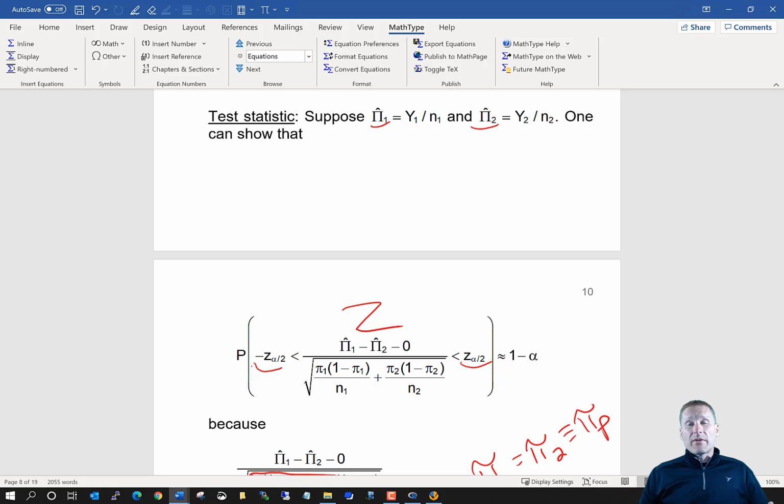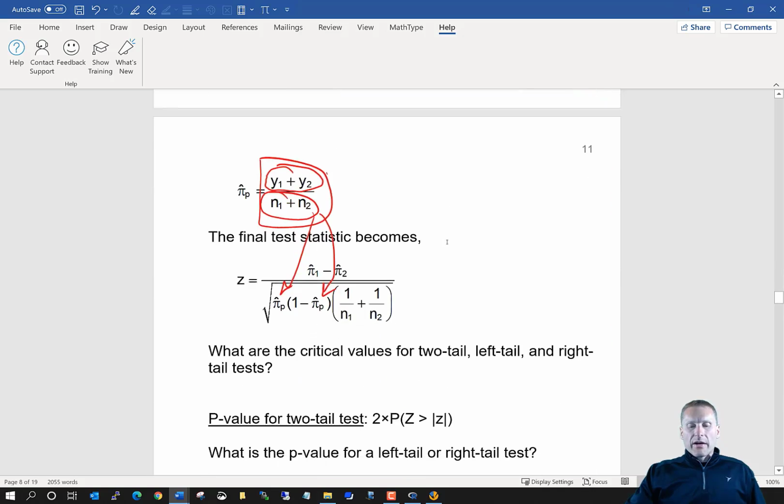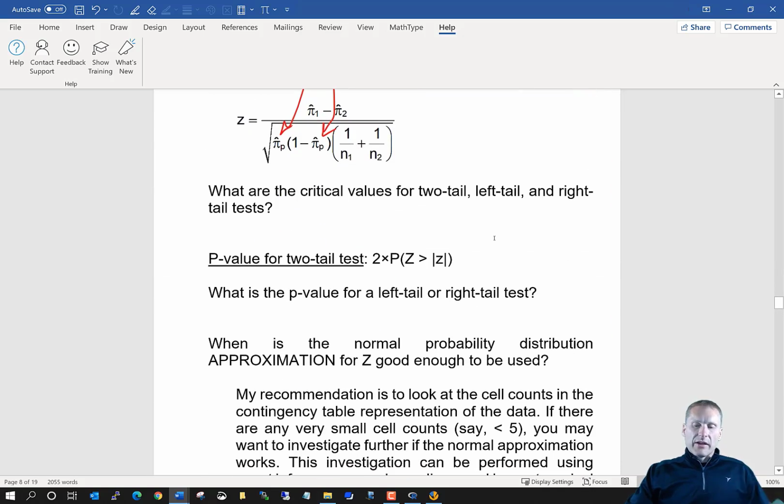Those would be the reasonable values, so we use those for our critical values. Anything outside those two values would be unusual if we had a small alpha, which we always do. Then on your own, you should think about what the critical values would be for a left-tailed test or a right-tailed test. And if you're not sure, you do need to ask.